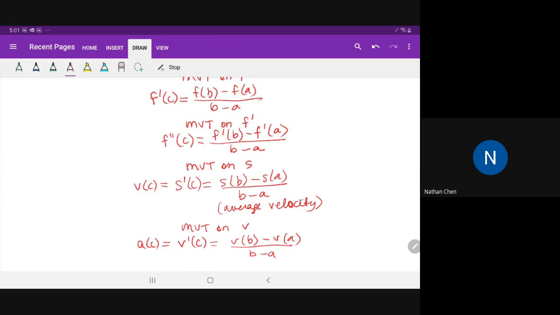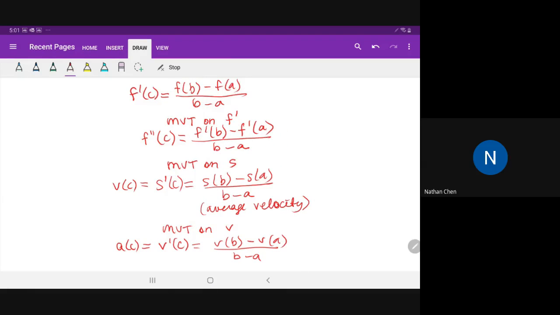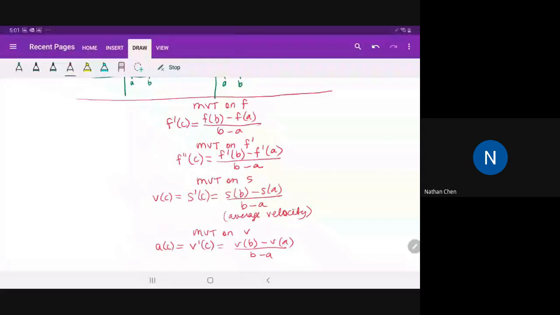What's interesting is you can also use intermediate value theorem in the same ways.